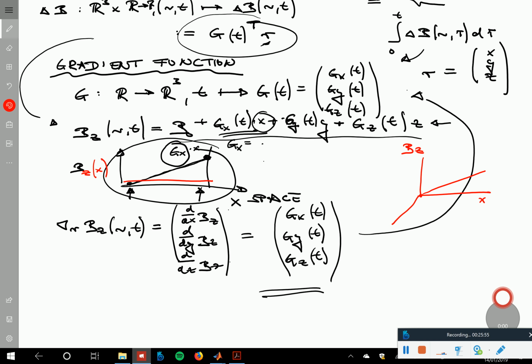Other questions? Good. So the next thing that we will do is to zoom into the xy plane.